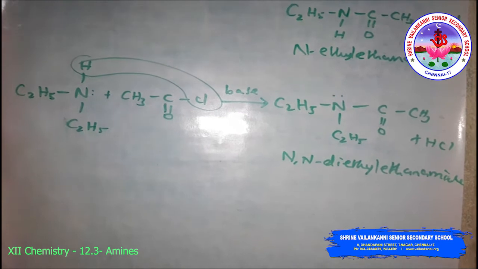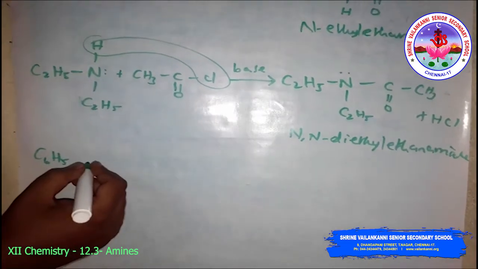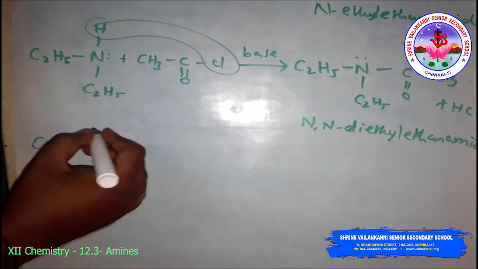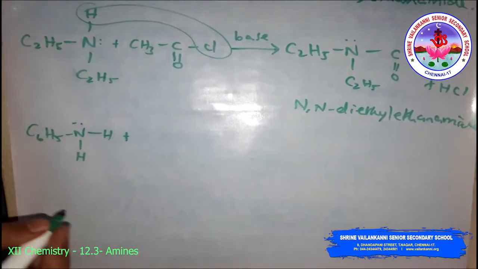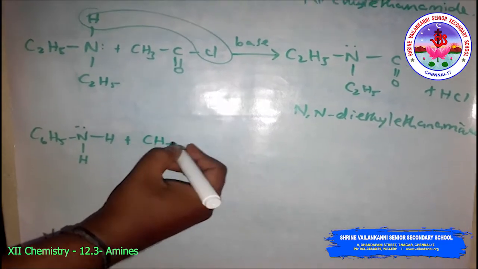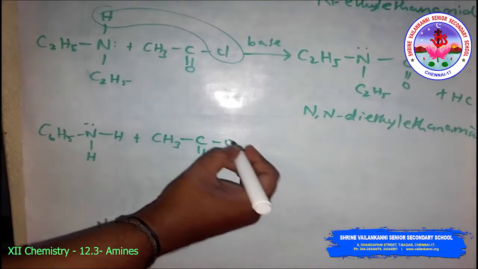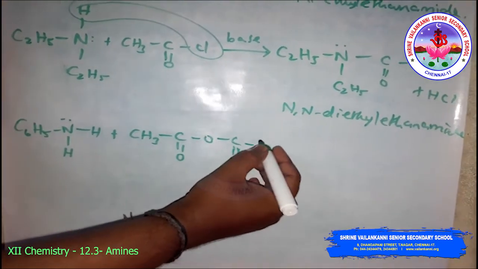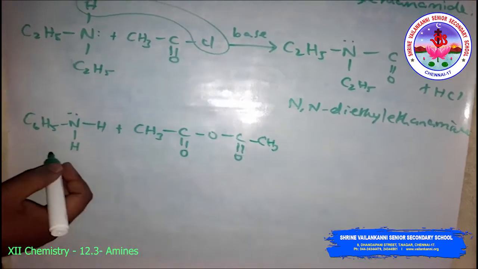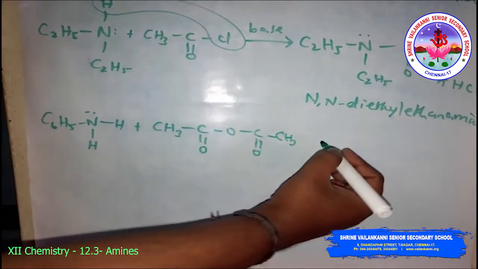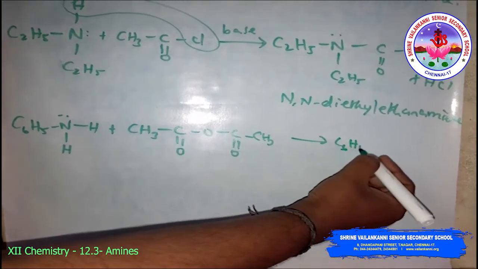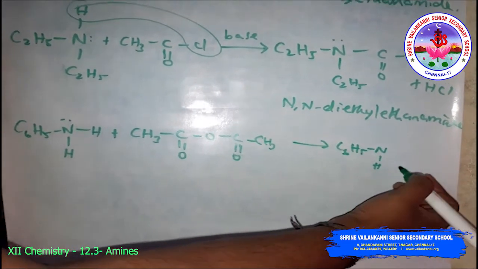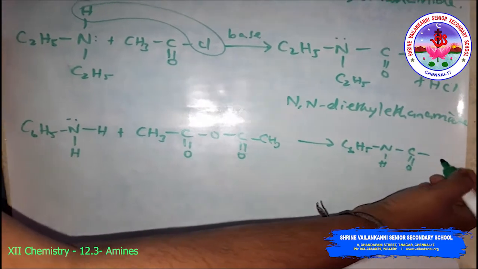Then benzenamine reacts with acid anhydrides. C6H5NH2, benzenamine, or aniline, the common name is aniline, reacts with ethanoic anhydride or acetic anhydride, C double bond O, O, C double bond O, CH3, to give acetanilide, that is N-phenylethanamide, C6H5NH C double bond O CH3.